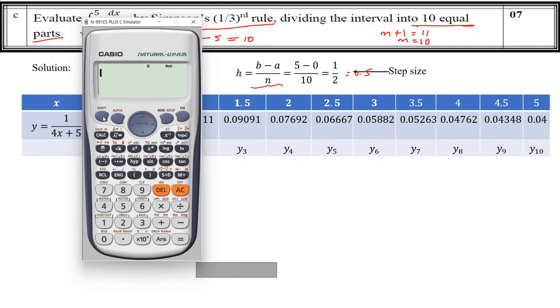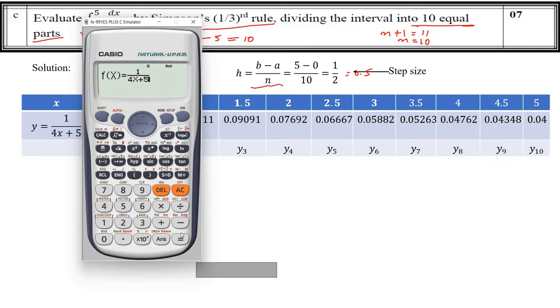Then press mode. After fixing the calculator for f of x, go for mode, then take 7. You will come up with f of x. Then press fraction 1 by 4, alpha x plus 5.